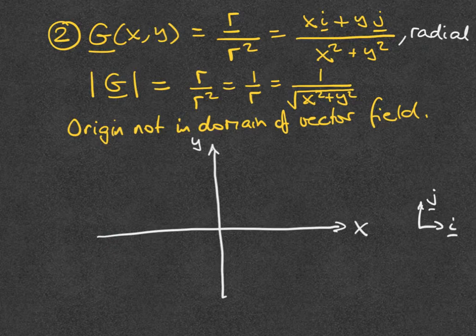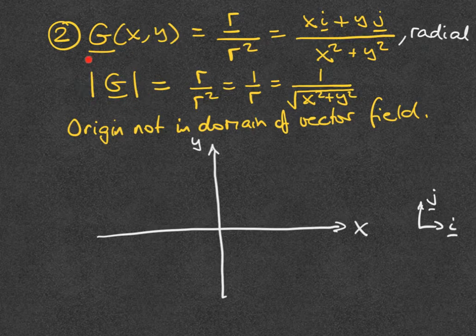However, this is not the same as the initial problem we looked at because of this factor of 1 over r squared multiplying the position vector. In particular, that's going to change the magnitude of our vector field.